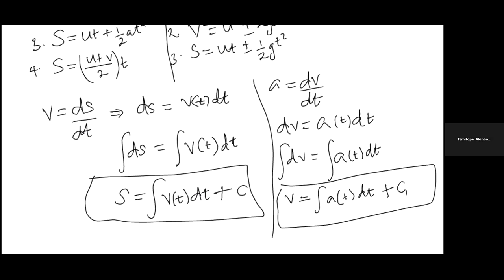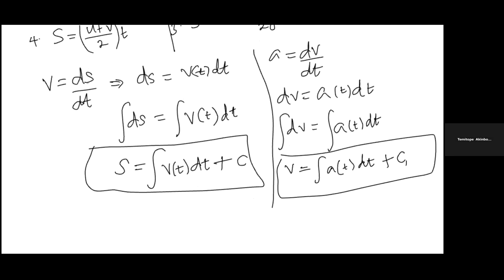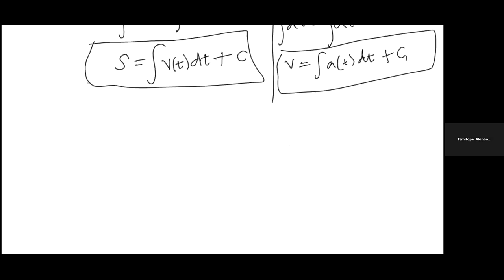Okay. By similar argument, acceleration can also mean d squared s over dt squared. That is differentiating the distance function twice.